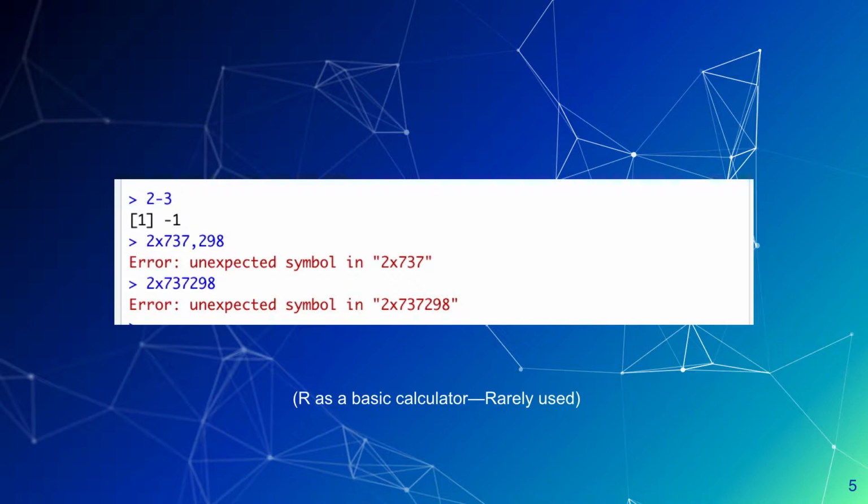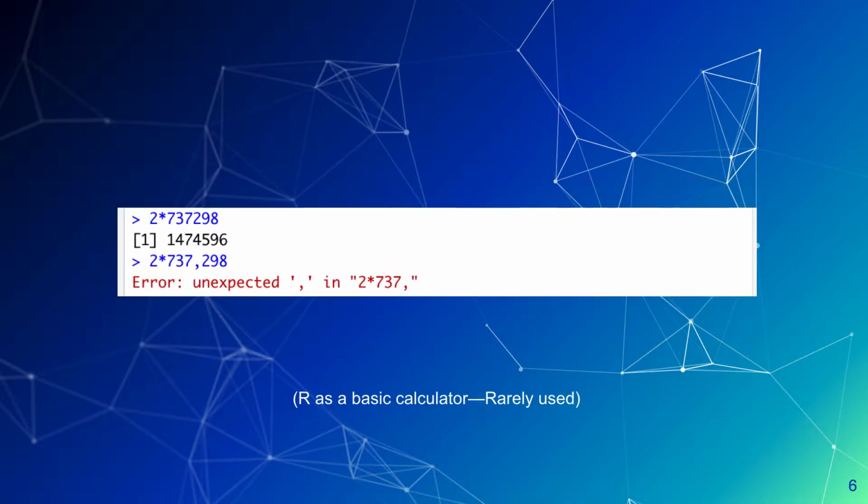That simply means that the times symbol that we use, we think of that as an X, was a mistake on my part because we use the star, the little character above the 8, right? So re-entering it, I get the 2 times 737,298, and I get 147, well, whatever, you see it there.